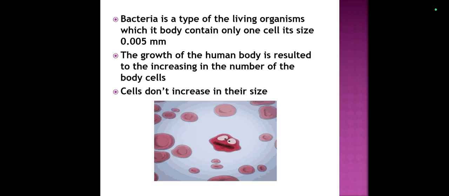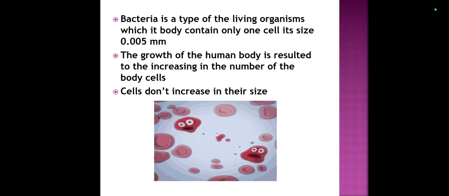Bacteria is a type of living organism whose body contains only one cell, not a lot of cells like us humans. Its body is only one cell, and its size is about 0.05 millimeters.